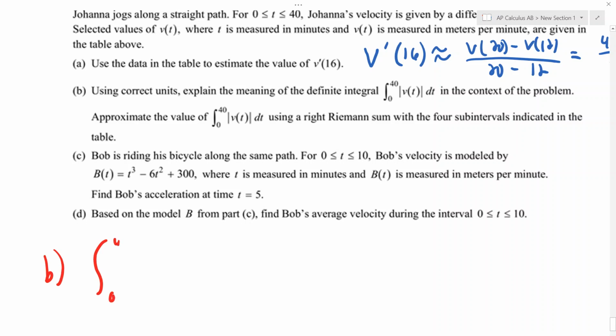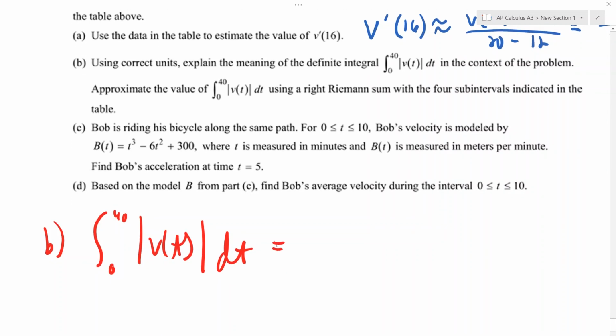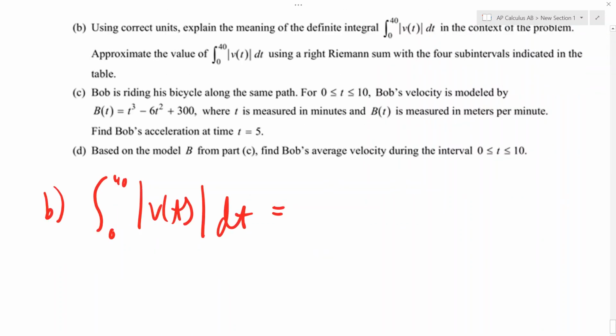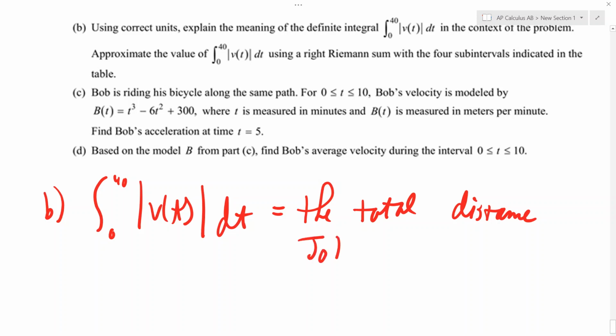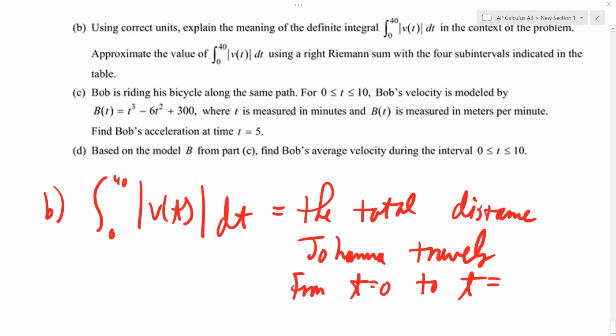The integral from 0 to 40 of the absolute value of velocity dt is equal to the total distance Johanna travels from t equals 0 to t equals 40, what, minutes? You okay with that? That's what it means.